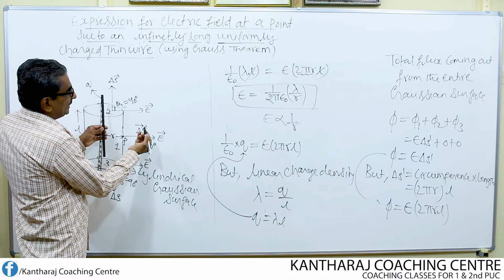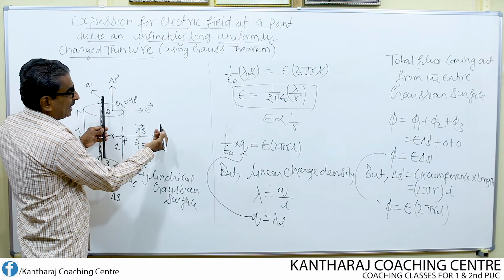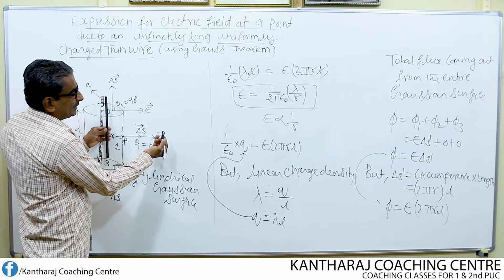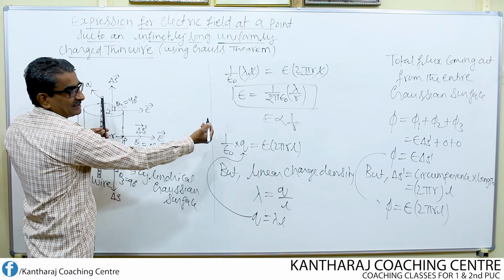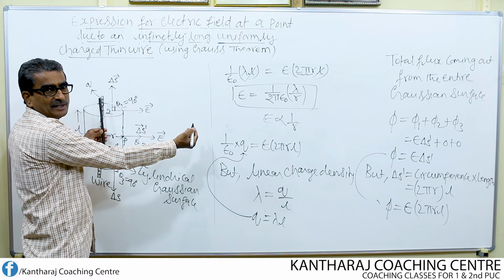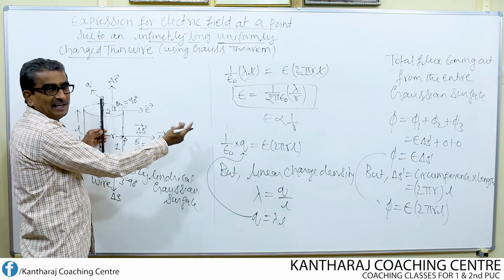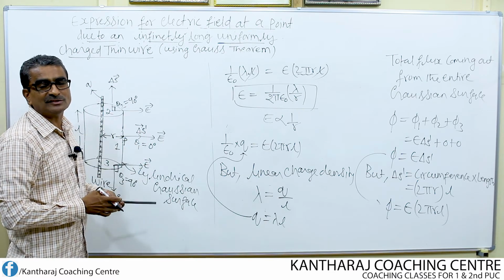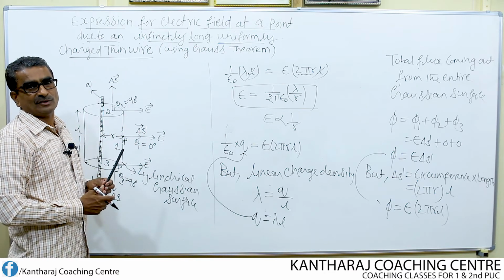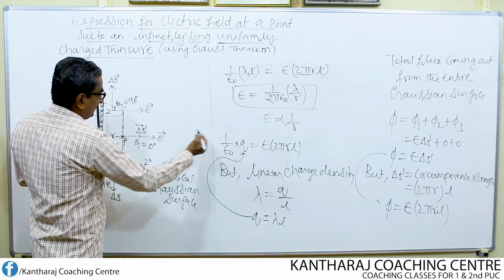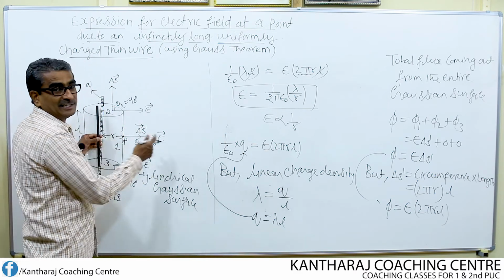At this point it will be 2 units, at this point it will be 1 unit. At some point, at a larger distance, the electric field completely becomes equal to 0. Okay, as we move away from the wire, the field goes on decreasing.